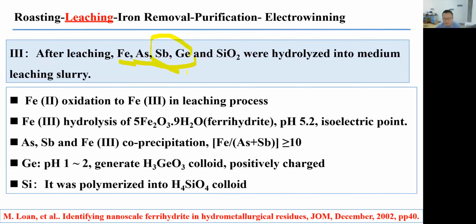Even though germanium and antimony are precious metals with very special properties and important applications, they have a very negative influence in the electrowinning of zinc sulfate solution, lowering the quality of the cathode and also decreasing the lifetime of the electrolytes. So we have to control the concentration of those elements in the solution or in the electrolyte.